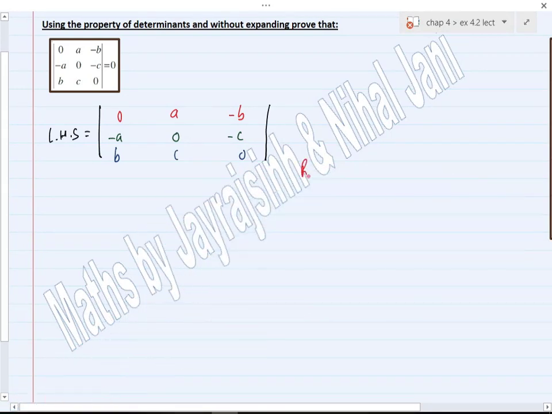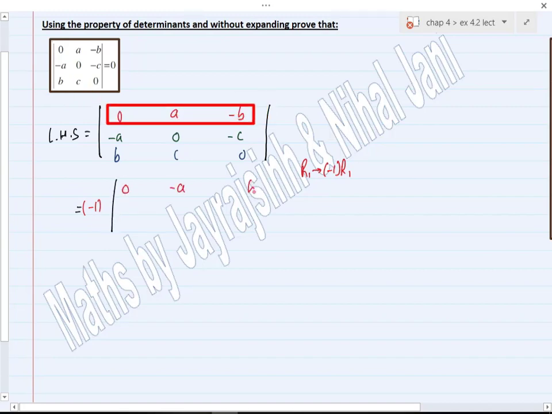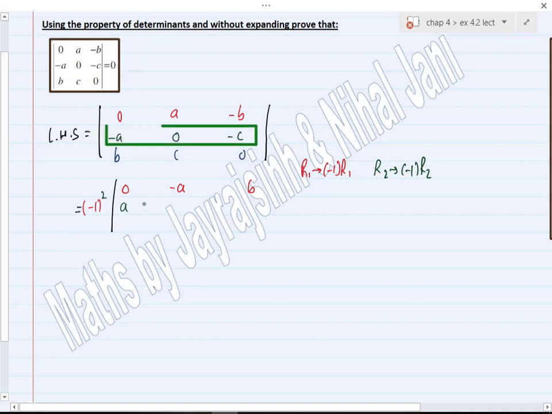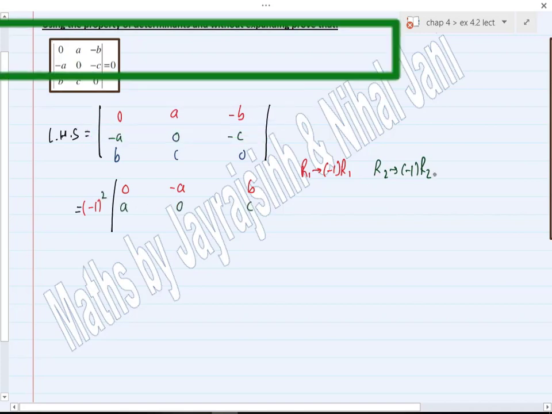So let's take a minus common from the first row. You will get -1 and your first row will become 0, minus a and b. Similarly, let's take minus common from the second row. We get -1 square and second row will be a, 0 and c.